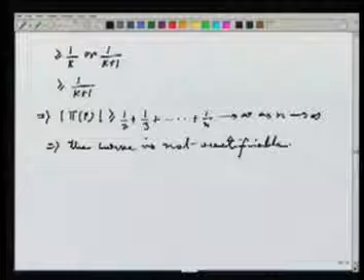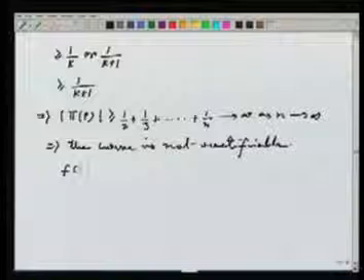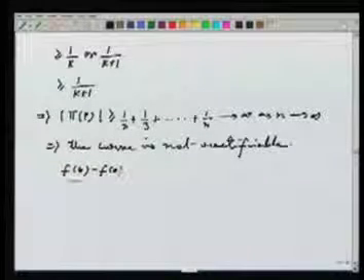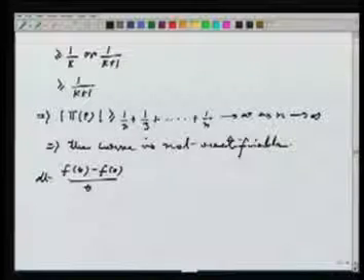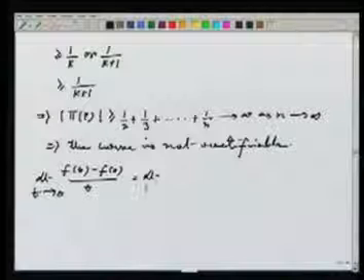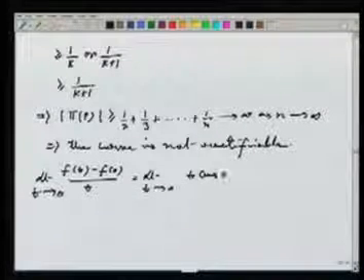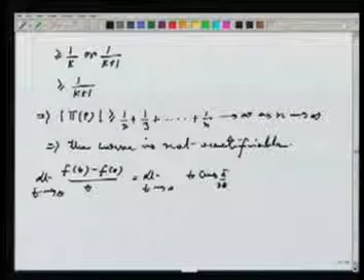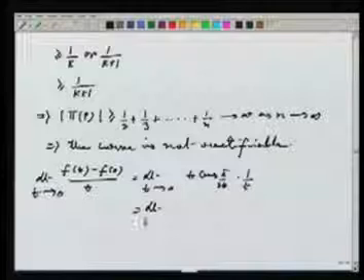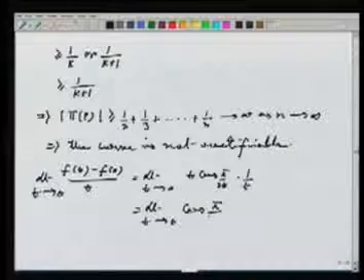Well, this is happening because if I look at the derivative of the function, f(t) minus f(0) by t, limit t going to 0, this is the limit as t goes to 0 of t cos(pi by 2t) into 1 by t, that is the limit as t goes to 0 of cosine(pi by 2t).